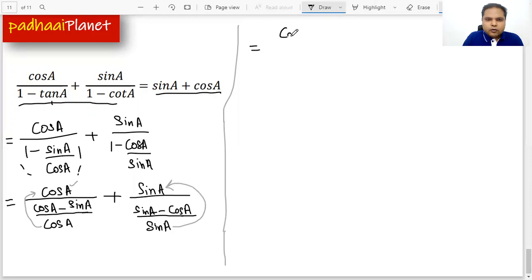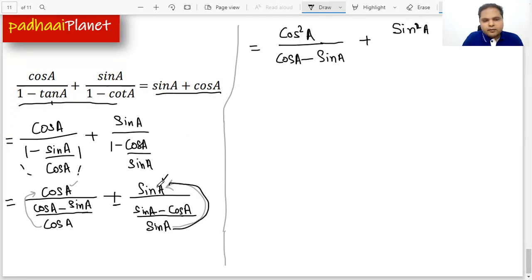I'll get cos squared A, and at the bottom we have cos A minus sine A. In between we have plus, so I'll put this as is. Then I have sine squared A, because this sine will go on top and get multiplied with this sine A, and finally we'll have sine squared A. Now here we have sine A minus cos A.